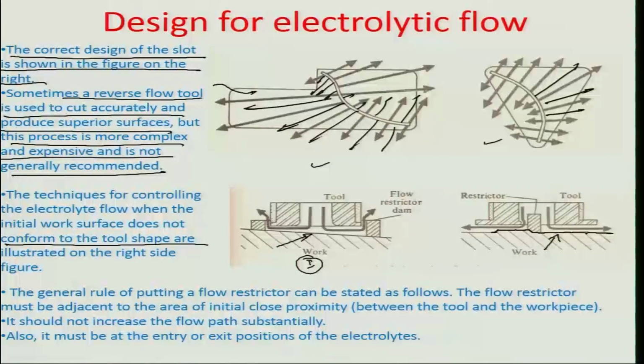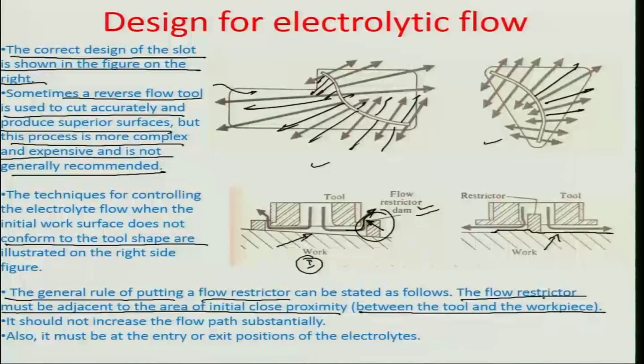So the general rule in order to guide the flow in a proper manner is to put a flow restrictor. In this particular case you can have a dam like structure as shown here, which acts as a guiding mechanism for the electrolyte to ooze out between the tool electrode gap here in this region, okay, and the flow restrictor must be adjacent to the area of the initial close proximity between the tool and the workpiece, so that you could create a substantial confinement of the electrolyte before the electrolyte leaves the inter-electrode region.